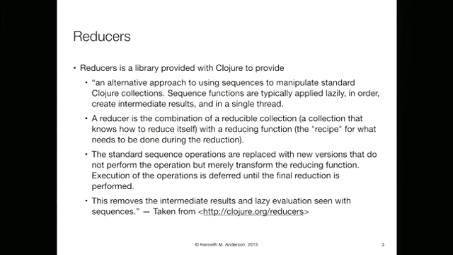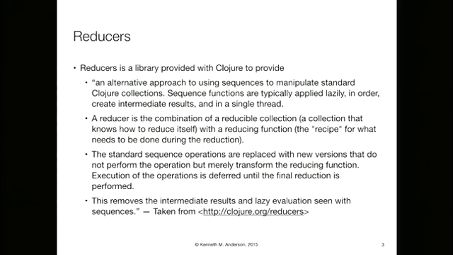Okay. So reducers is, as we saw last week, one of the things you can do in Clojure or functional programs: code up a single-threaded solution first, and then typically be able to go in and swap out a couple functions and suddenly have a parallelized version. So you take a version of the map function that is normally just single-threaded and swap it with pmap, and suddenly it tries to do things in parallel.